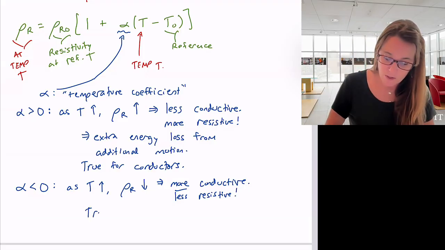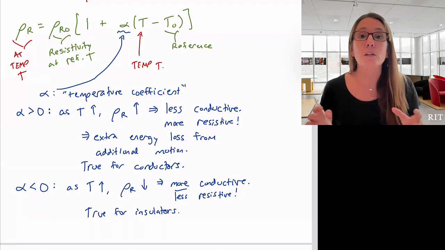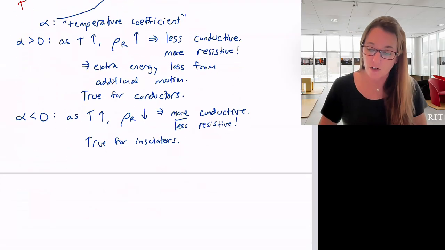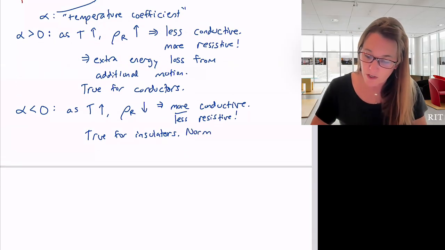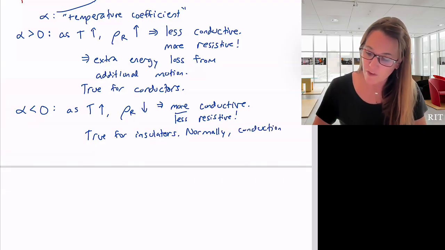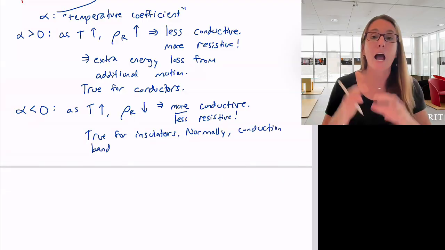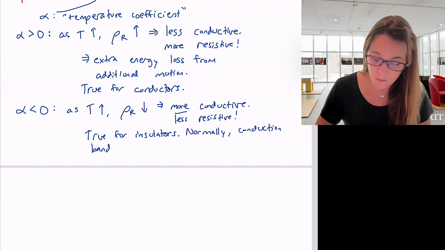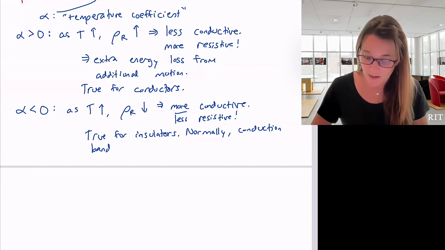This is because insulators normally don't have anything in their conduction band, meaning at lower temperatures, the conduction band is empty.